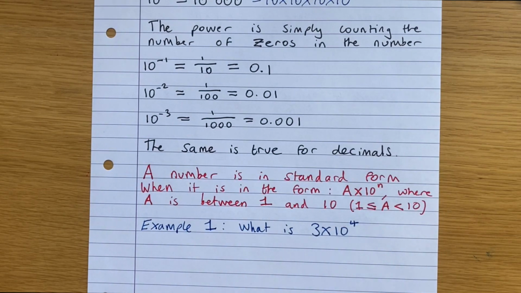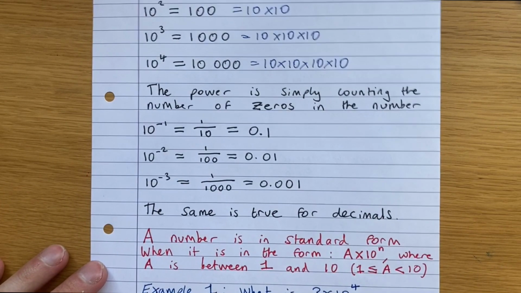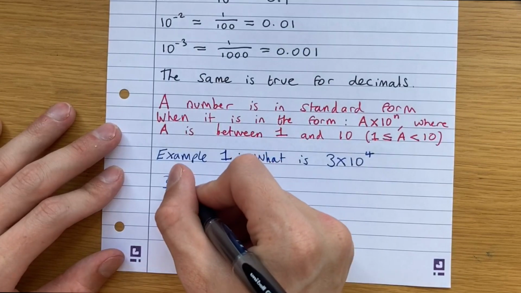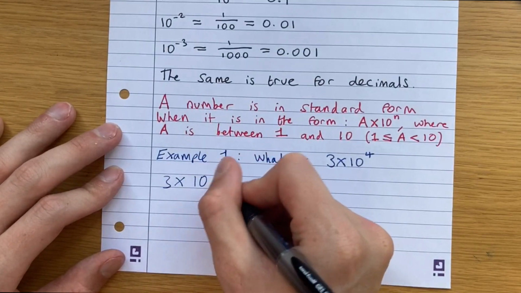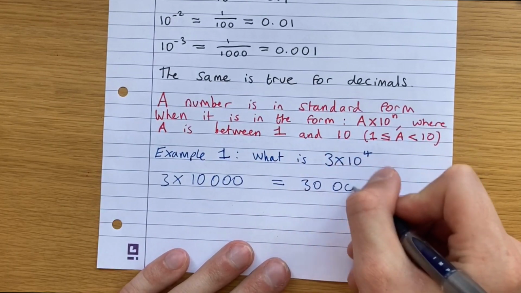How would we work this out? Well, there's a few ways, but quite an easy way: if we look back up here, 10 to the 4 is equal to 10,000, so we can rewrite this as 3 times 10,000, which is simply 30,000.